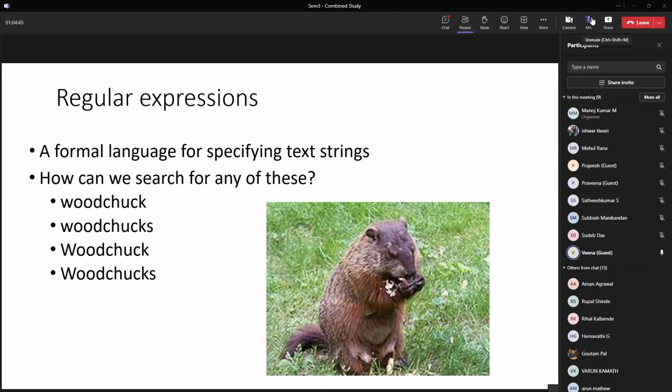One option is we can use a LIKE operator. But even if we use a LIKE operator, you have to put lower, upper, all those things. The other option is you can use a regular expression. I think regular expression is the right way, no? Okay. Correct. In this case, regular expression is the right way.